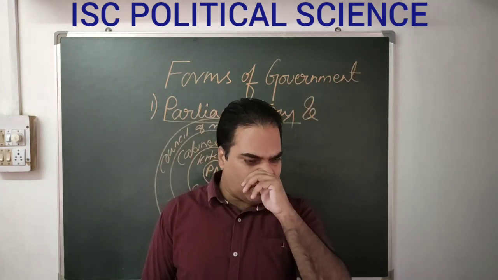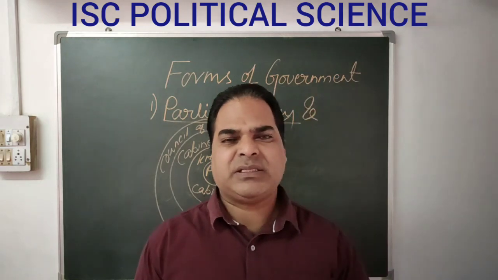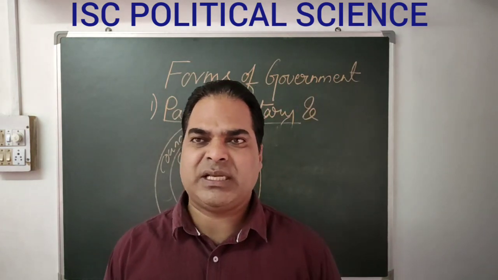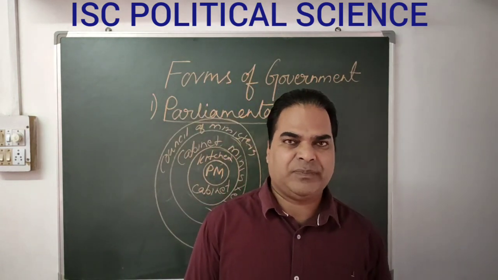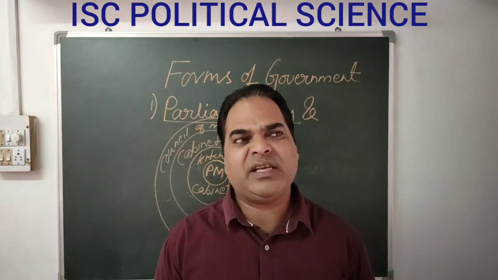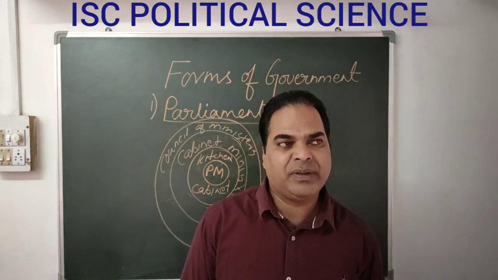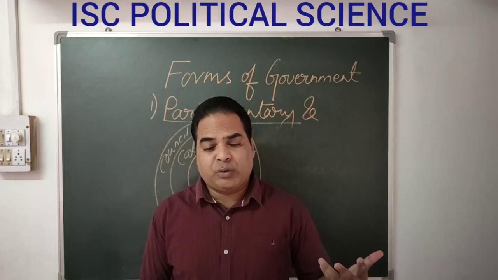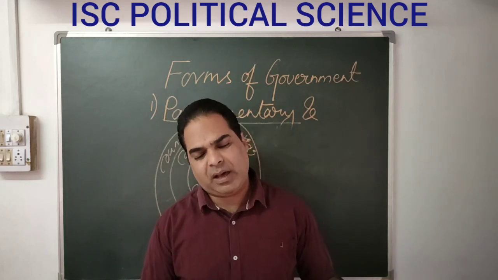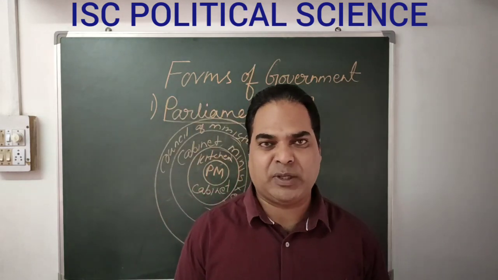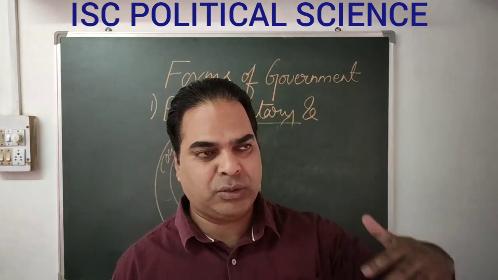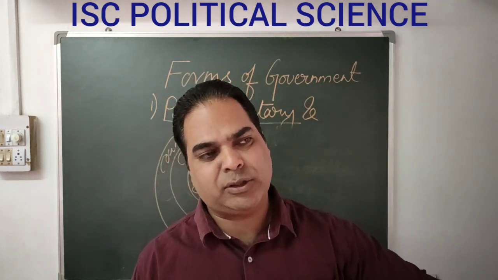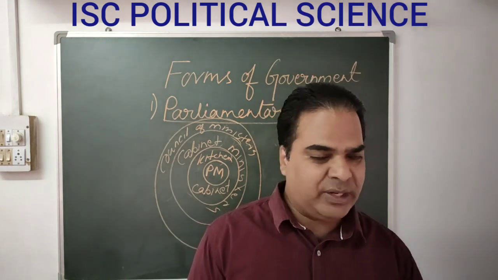In a parliamentary form of government, the Prime Minister is there and the Council of Ministers are there, and these ministers are also given various ministries to look after. To what extent are they responsible, and to whom? Are they responsible to the Parliament or to the Prime Minister? That we need to discuss.